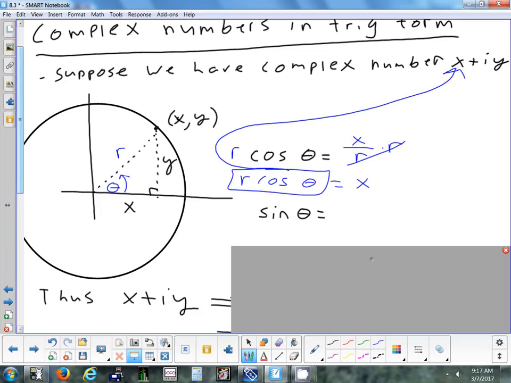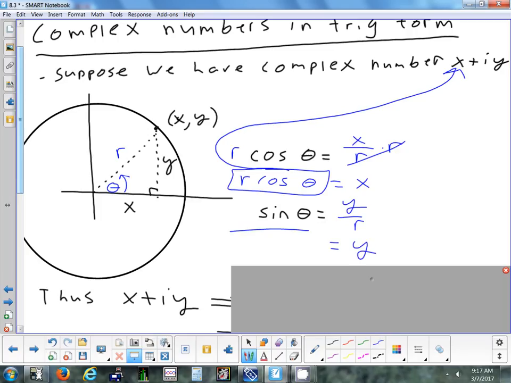So what Luke just said, y over r. All right, so what would y equal? R sine theta. Any question on why y is r sine theta? It just comes from setting up that right triangle and then multiplying, I didn't write this out, multiplying both sides by r.